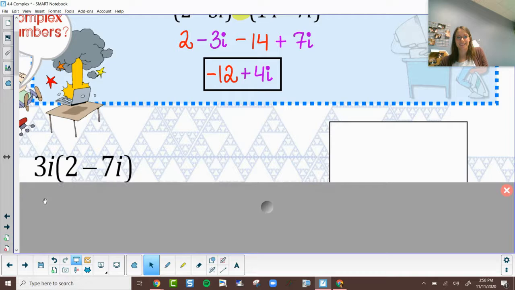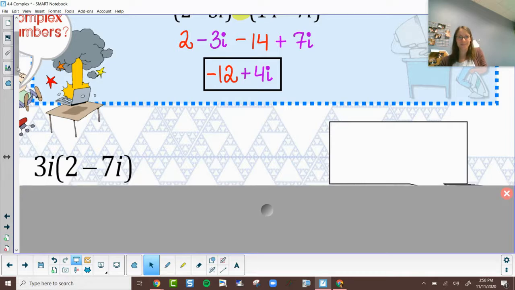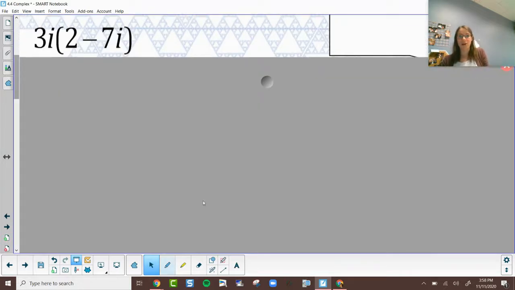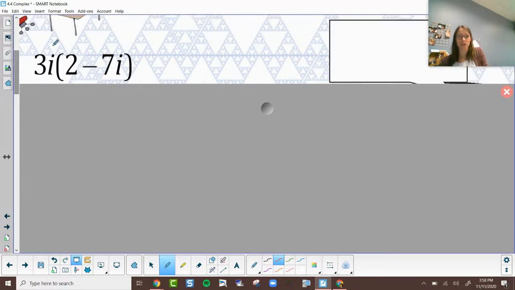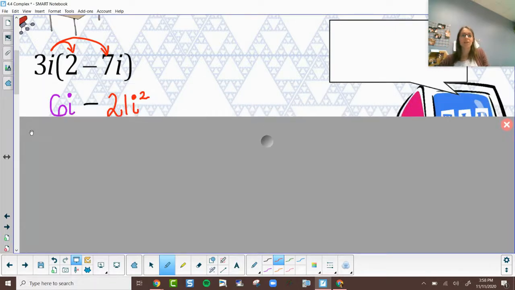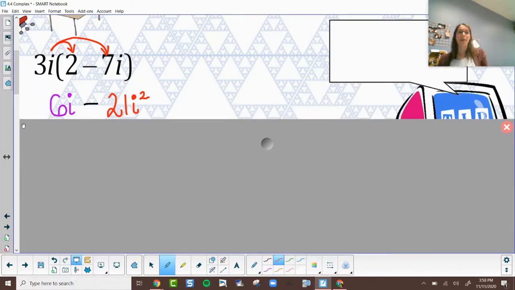All right, this one. So on here, same exact concept. I think you probably already are using some intuition where you're just going to multiply a 3i into both pieces. Okay, well, there's 6i, and then I've got 3 times 7, so 21. i times i.